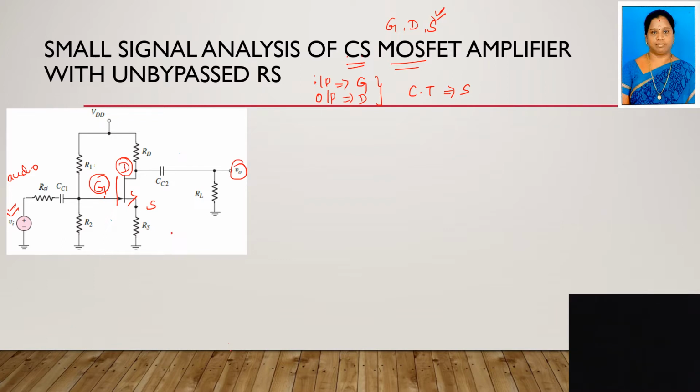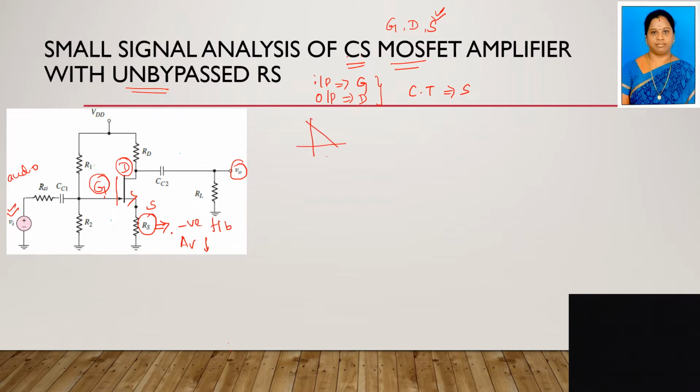Okay, with unbypassed RS, that means here RS is present, right? First of all, we have to know what is the role of RS. The RS provides the negative feedback. Due to this negative feedback, the gain will be reduced. Even though, the reason we are using this RS is that it will provide good stability of the Q point. You know the DC load line, right?